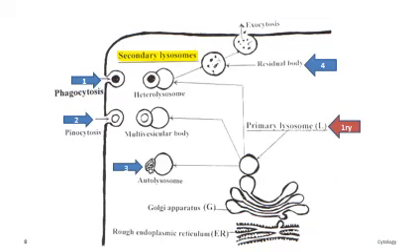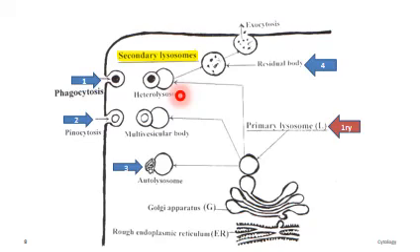A lysosome newly released from the Golgi apparatus is known as a primary lysosome. This primary lysosome can fuse with something that enters the cell by phagocytosis, which is solid particles, and in this case it appears heterogeneous in shape and is known as a heterolysosome.